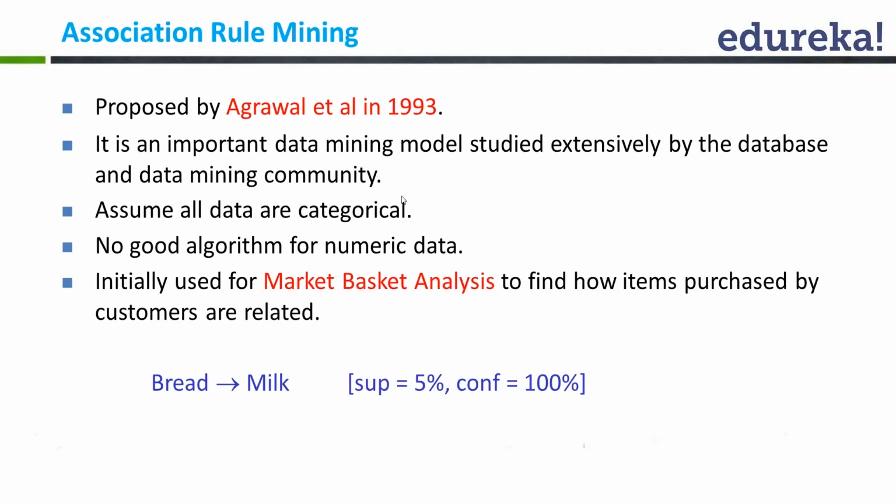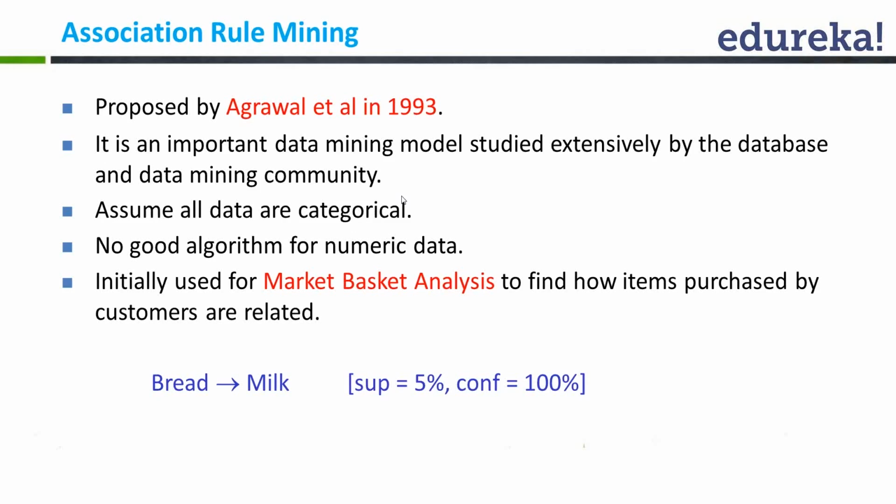Okay. Now, by looking at all these transactions, what this market basket analysis does is it tries to find the most frequently bought together items. It will try to find things like, whenever I buy milk, I also buy bread, for example.